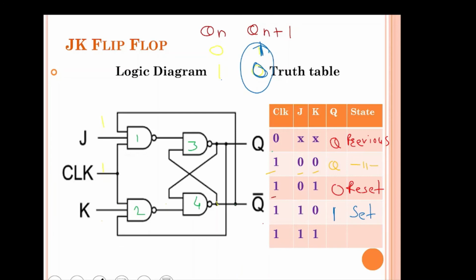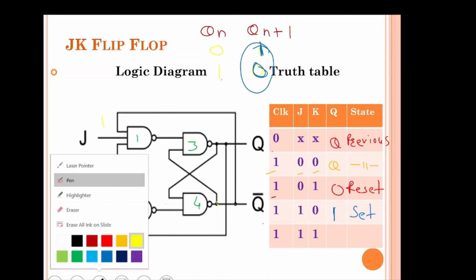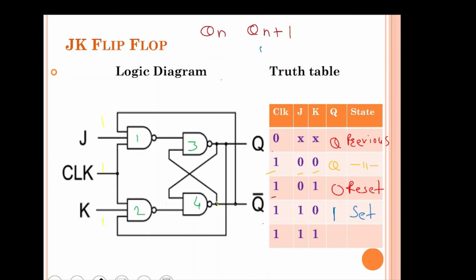Last condition is that clock is 1, J is 1 and K is 1. Let us assume the previous state. Q is equal to 0 and Q bar is equal to 1. The previous state is this.